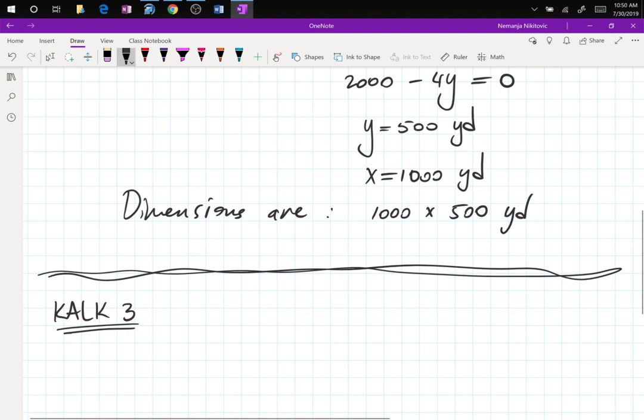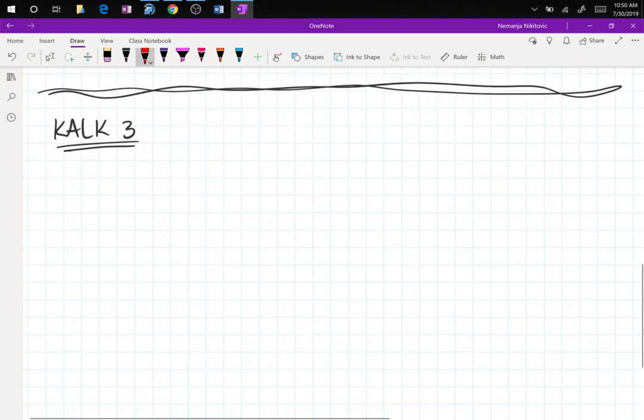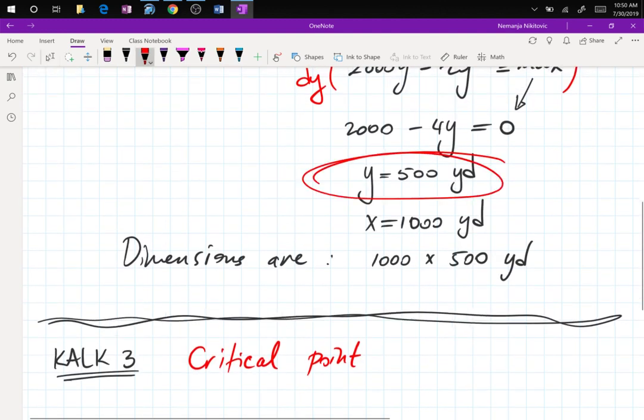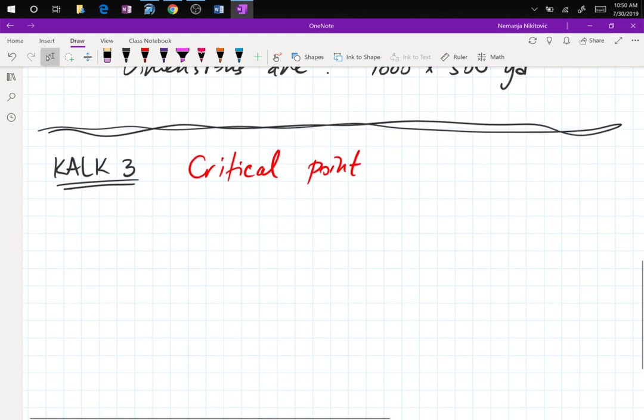For Calc 3, we start with the critical point. We calculated our critical point earlier, y equals 500. That was a critical point.